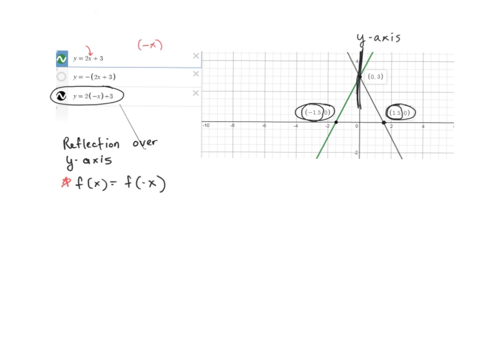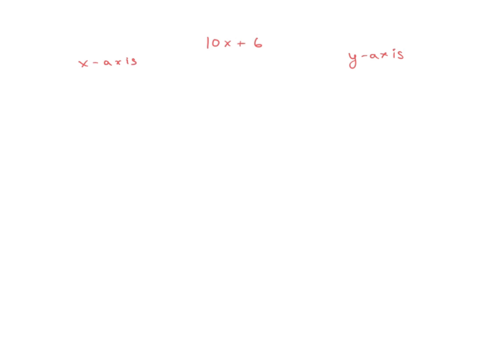Now here are a couple examples of some changes. Let's say you want to do a reflection along the x-axis. Remember, you're taking the entire function and taking the negative version of that. So in reality, you're distributing this negative sign, giving negative 10x minus 6.